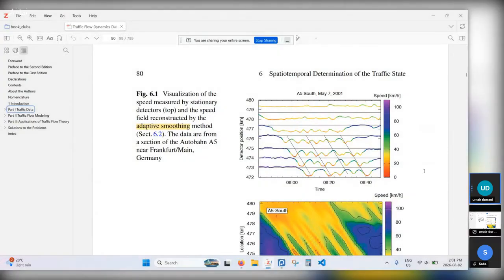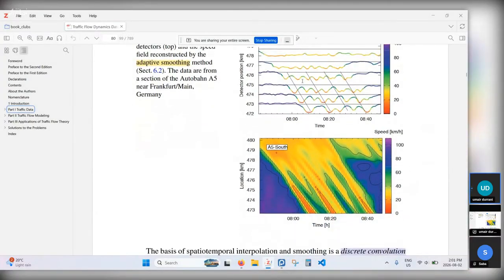Last time we discussed that we have stationary detector data, which provide us with time series of speeds, for example, and other variables. We have observed stop and go waves as indicated by these diagonal lines.